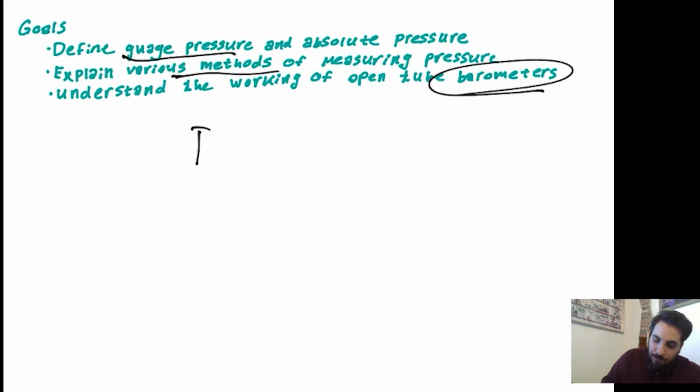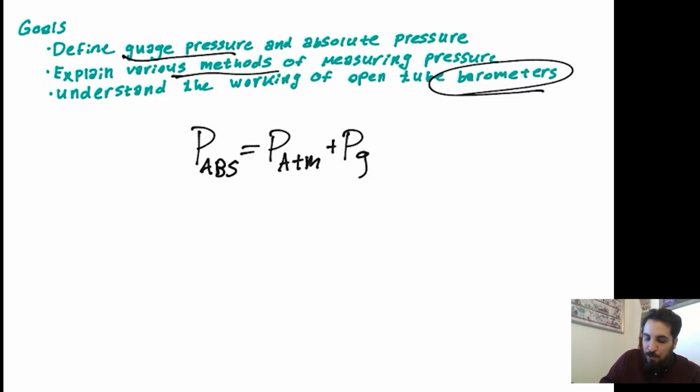So we have absolute pressure being atmospheric pressure plus gauge pressure. There are various ways to measure pressure, such as a manometer and a barometer. And we talked about how both of those devices work and how both of those measure pressure.